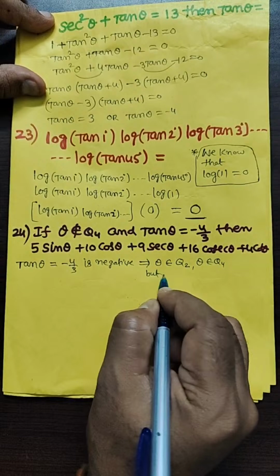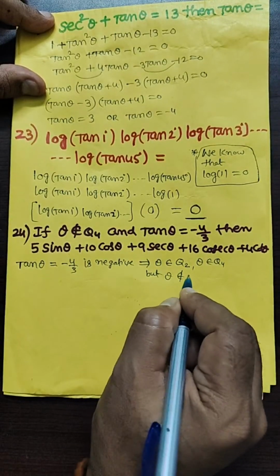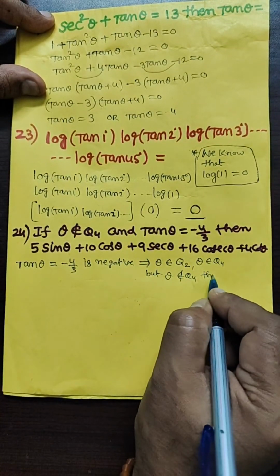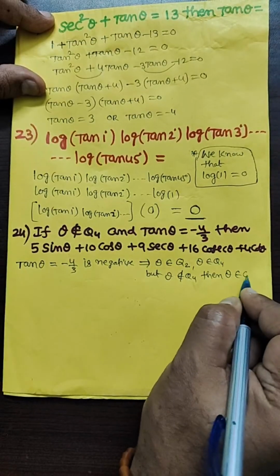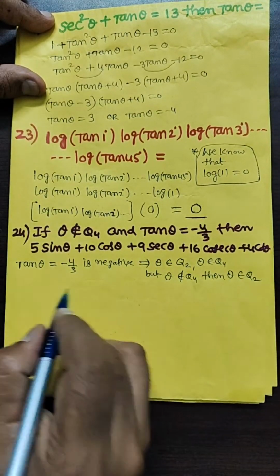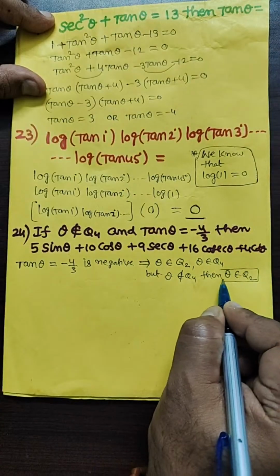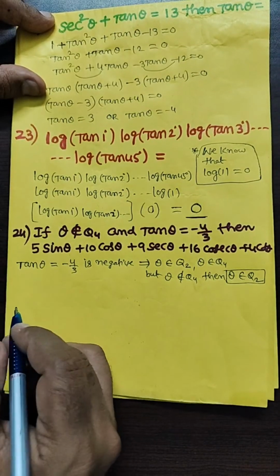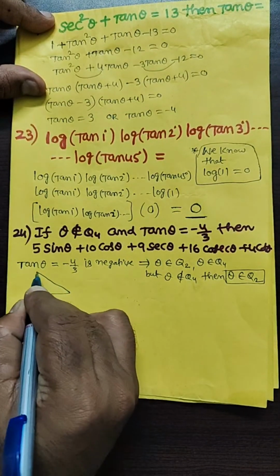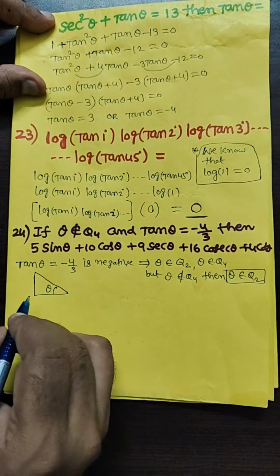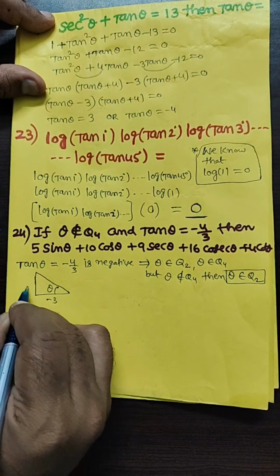But theta does not belong to Q4, then obviously theta belongs to which quadrant? Q2. So based on Q2, we decide all the values. Draw a rough right-angled triangle. This is theta, tan theta, so minus 3 here, 4.